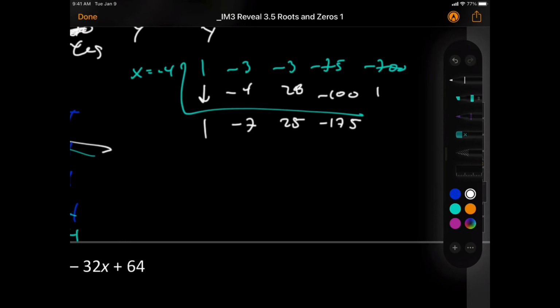It's going to be a positive. 0 extra 2. 28 plus 2 is 30, so 0 extra 3 and 700.